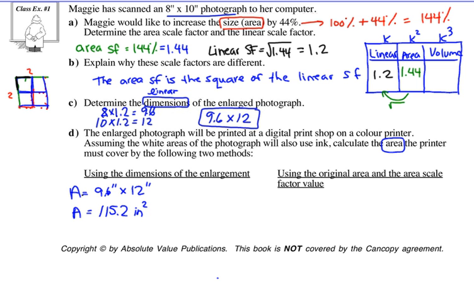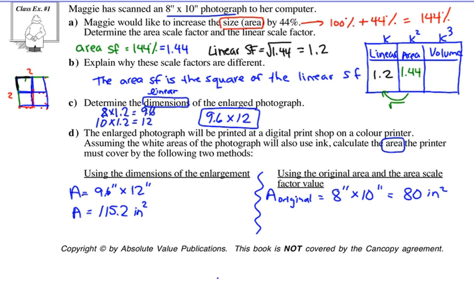So squared units. Another way we could have got our new area is take our old area and multiply it by the area scale factor. So the original area was an 8 by 10. So that would be 80 inches squared.